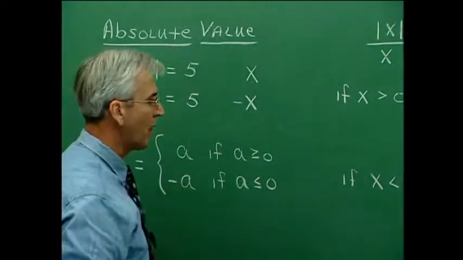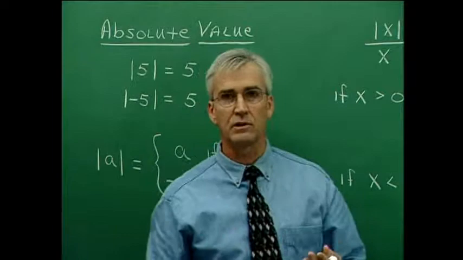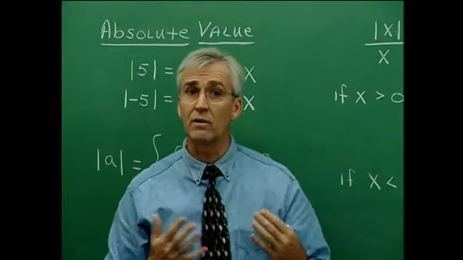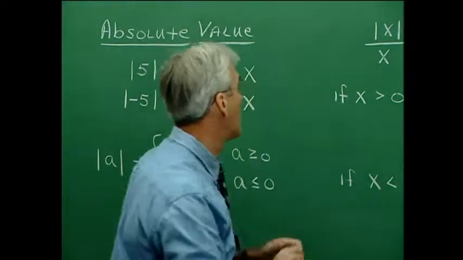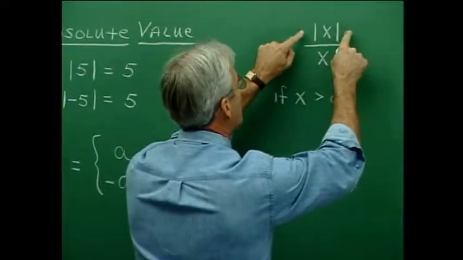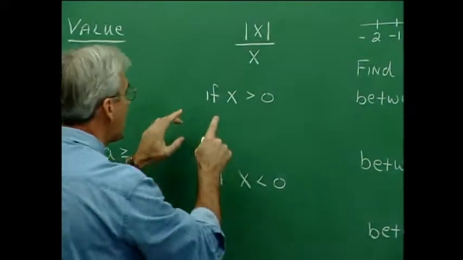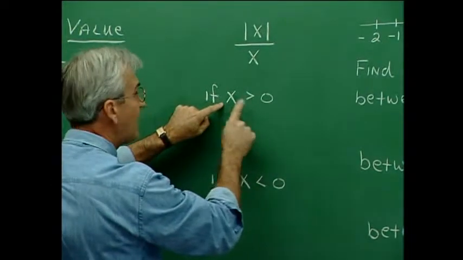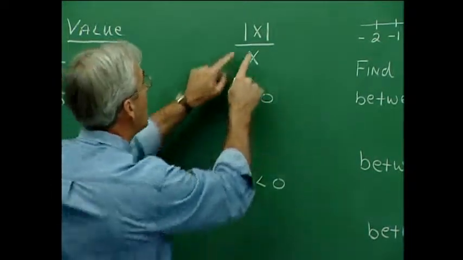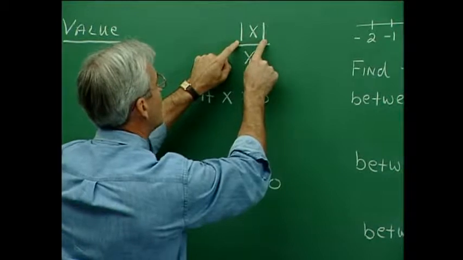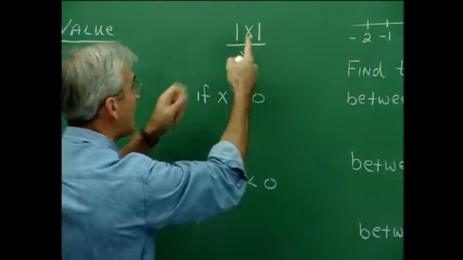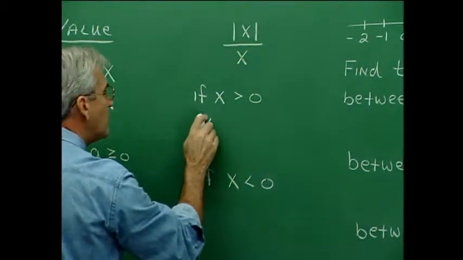The only tricky situations in dealing with absolute values are where we are dealing with variables. Consider this problem. We have the absolute value of x over x. Now, consider the case where x is greater than 0. If x is positive, here's what happens. The absolute value of a positive number is itself. So the absolute value of x would be x.